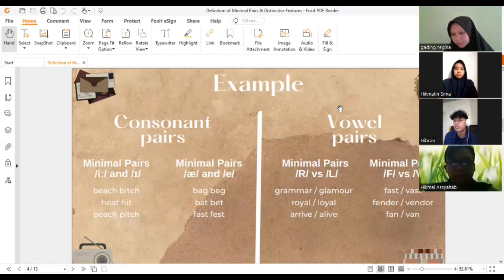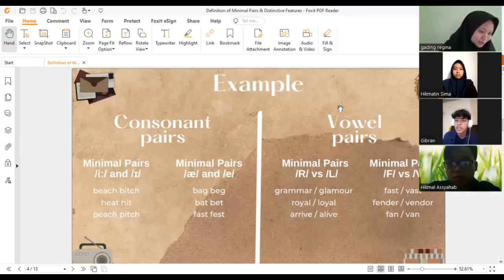And the other example is fan and van, fast and vast. Okay, I think that's for me. Back to moderator. Okay, thank you.